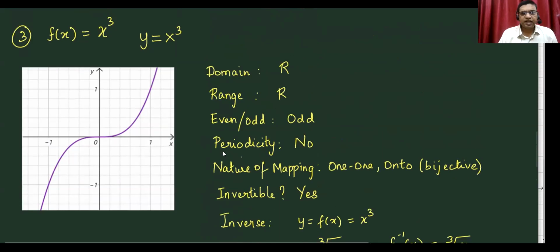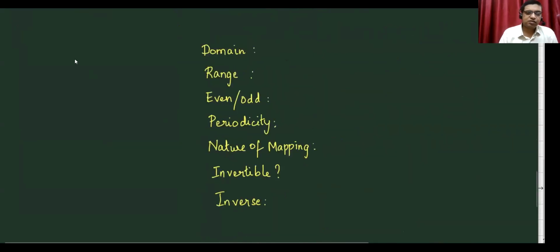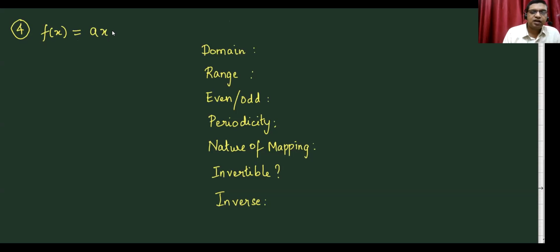Now, next I will talk about the quadratic expression. f of x is equal to ax plus b is a straight line. y equal to mx plus c, that kind of a straight line. You don't have to worry about that.